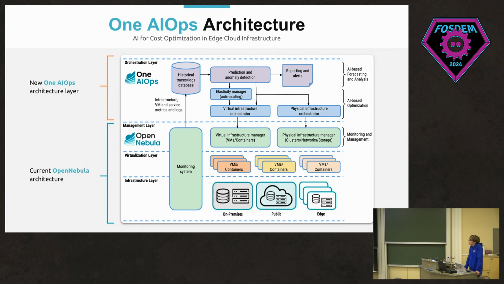And the layer at the top of the picture is the new One AIOps architecture layer. So here you can see the modules that we have implemented in order to provide this prediction and then all the virtualized infrastructure orchestrator.